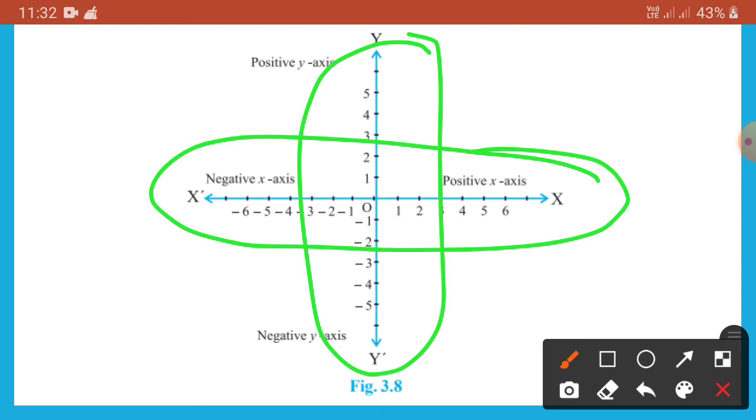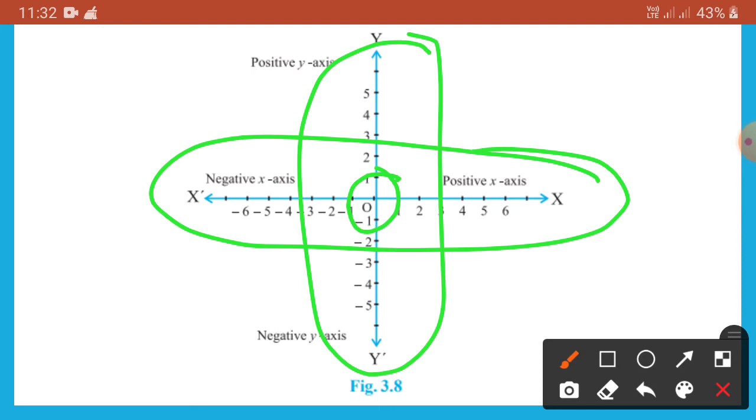Where x'x and y'y cross or intersect each other is known as the origin.